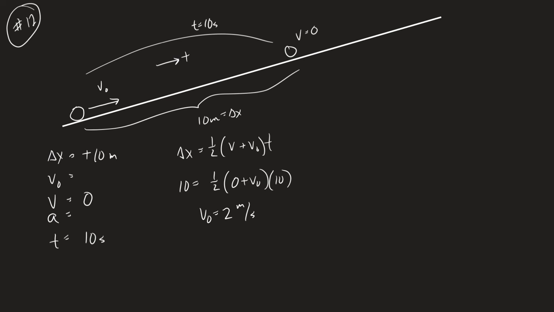I need the acceleration, so I'm going to ignore the answer I just found and assume that I don't know it, and I'll use delta x equals vt minus 1/2 at squared.